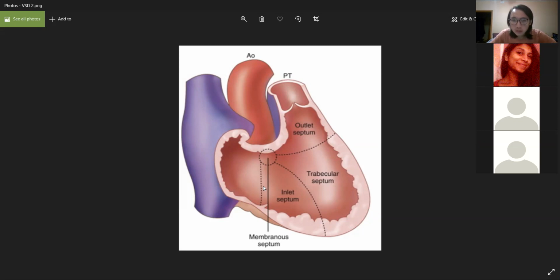All right, let's talk about Eisenmenger syndrome again. We talked about how Eisenmenger syndrome refers to the reversal or change of shunt from left to right to either right to left or bidirectional shunting, right?